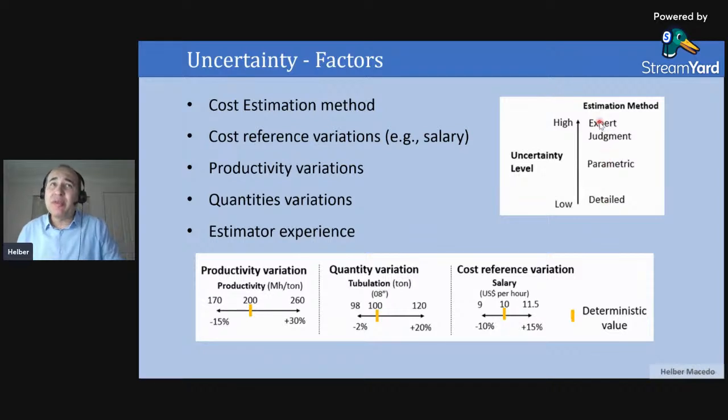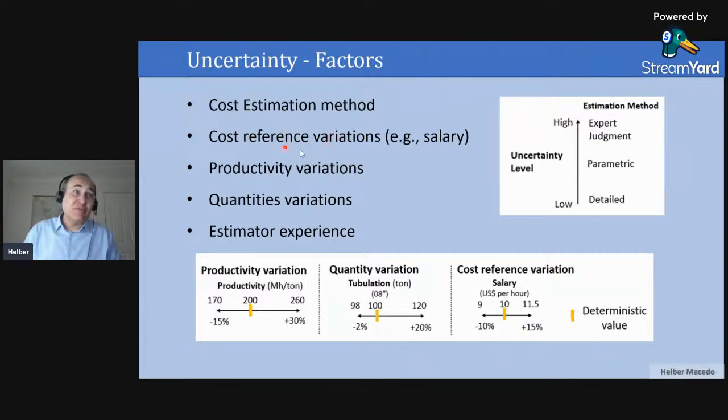But if I'm moving to, for example, expert opinion, where they say, okay, based on my experience, based on my previous projects, I believe that the cost will be 100, 1 million, 1 billion. Of course, there are a lot of uncertainties using this methodology.